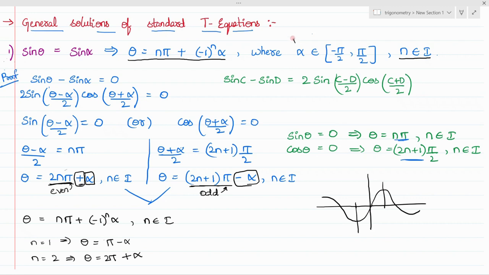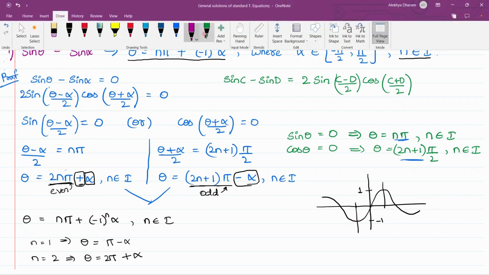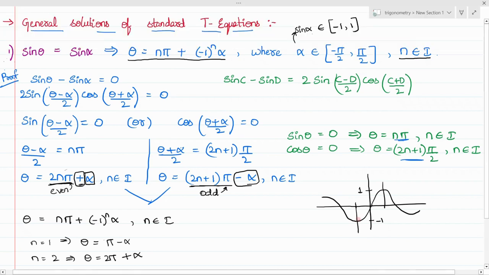So from here, if you write sin alpha, then sin alpha belongs to -1 to 1, because sin of minus pi by 2 is -1, and sin of pi by 2 is 1. So that's what we want, right? From here it will be -1, and from here it will be +1. All the values of sin are included in this range.